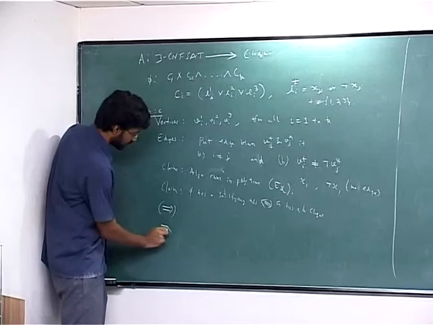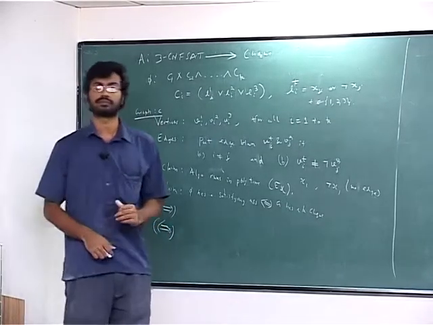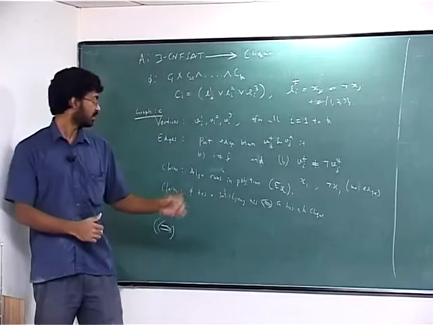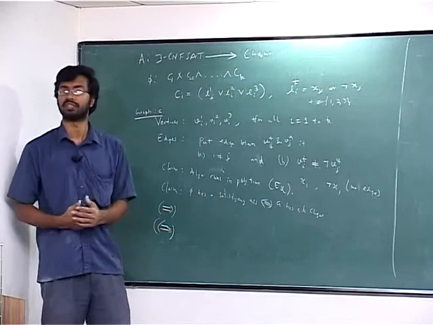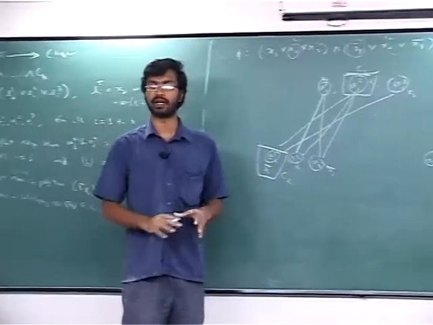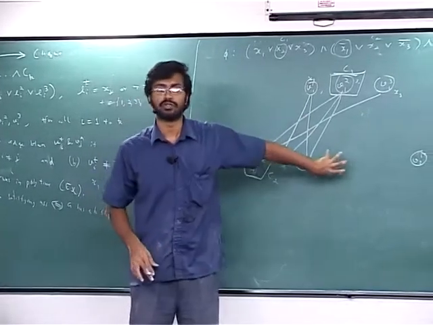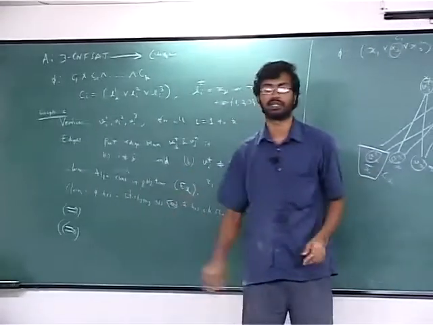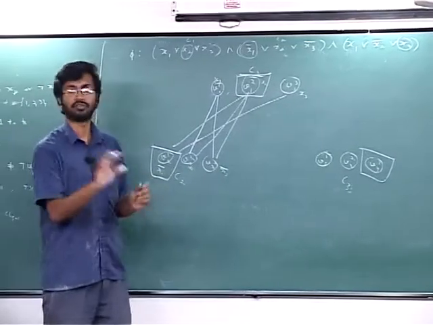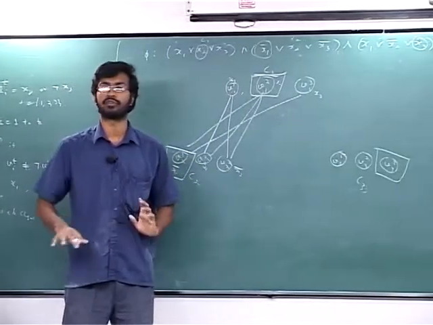Now what about the other direction? Assume G has a k clique, and now can we prove that phi has a satisfying assignment? So we pick the k clique first of all. We know that it has a k clique because we are going in this direction. We have picked a k clique. The first claim is that those vertices come from different clauses.